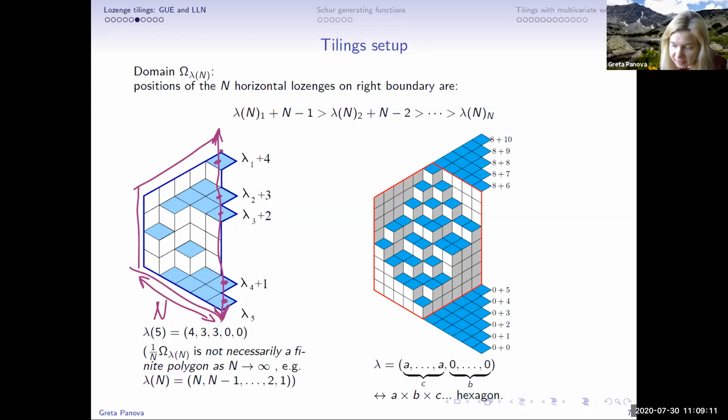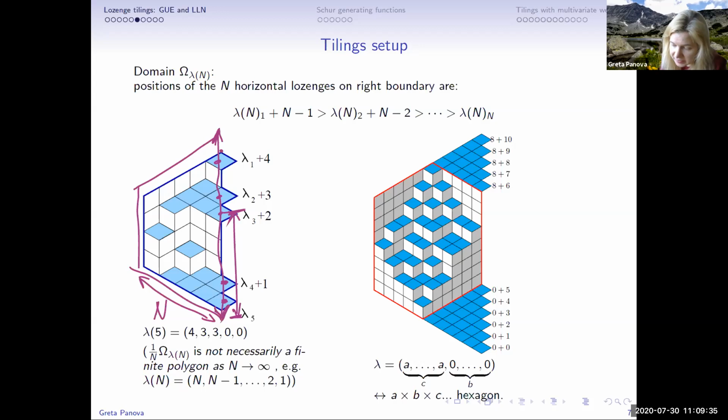And we can encode their positions with their heights. And when I say height, I mean really the actual distance from this point to this point on top here.